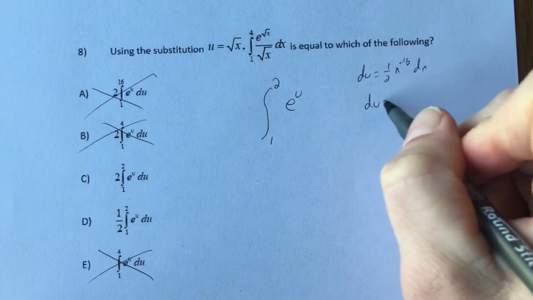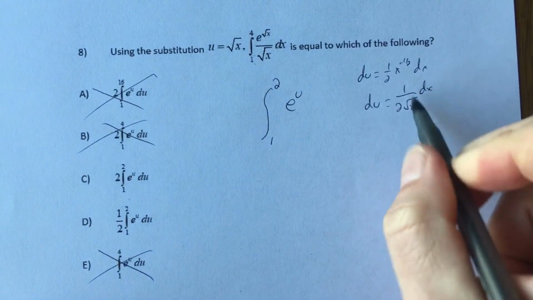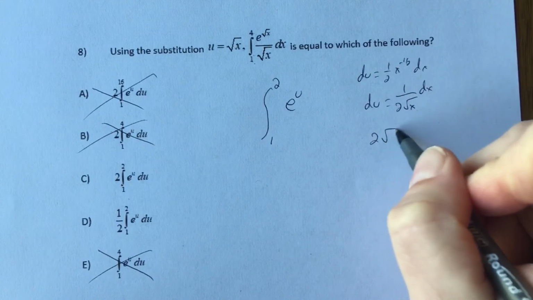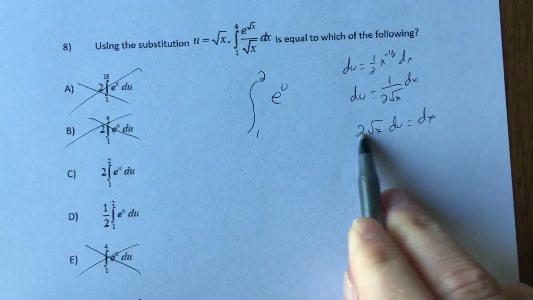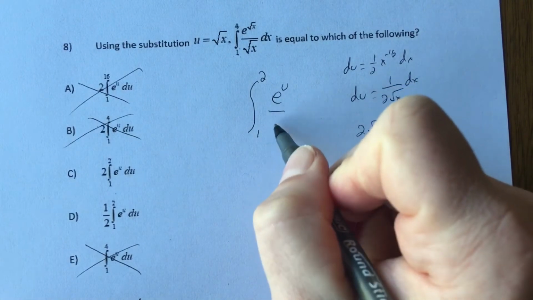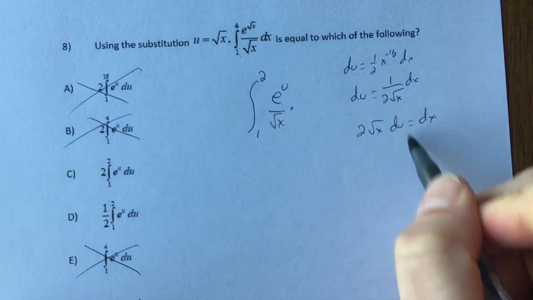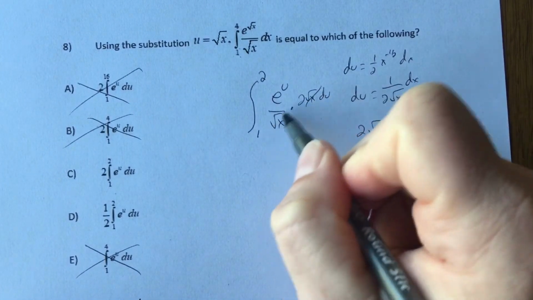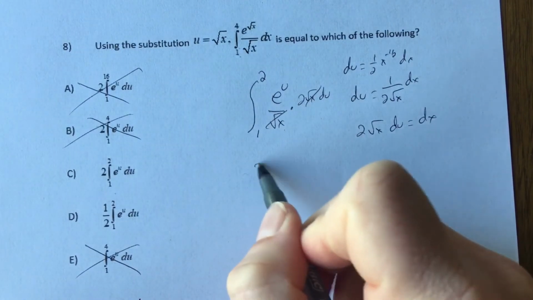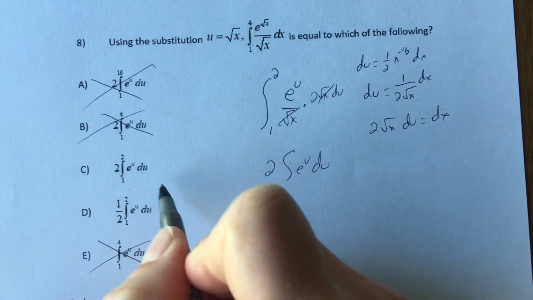A better way of maybe writing that would be 1/2 square root of x dx. And if I multiply by that, my dx is equal to this. Then when I come over here, that square root of x on the bottom will multiply by this. They cancel. I can pull the 2 out, and now we're looking at option C.